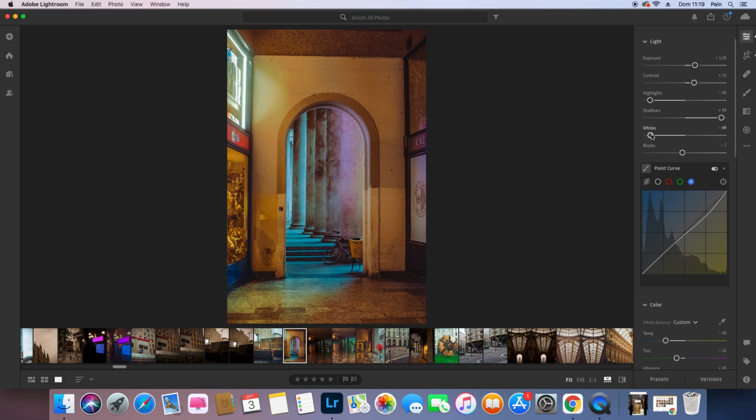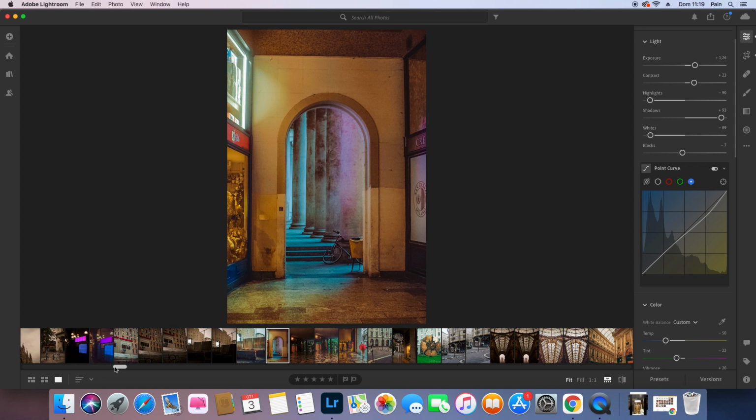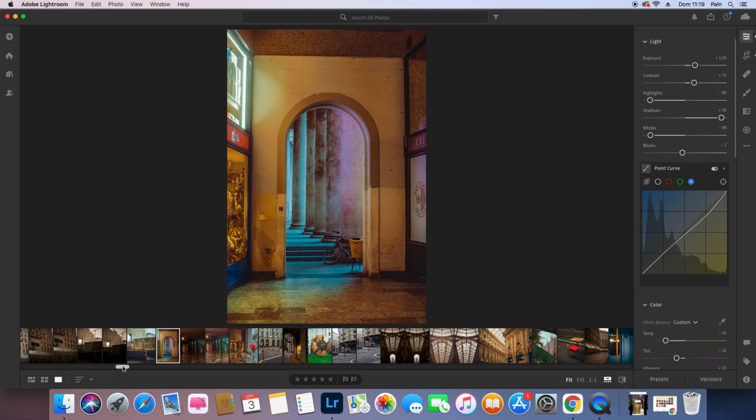When I try to go more creative, you see that I kind of invert them. So I found that I didn't like whites too bright. I like them more pale.